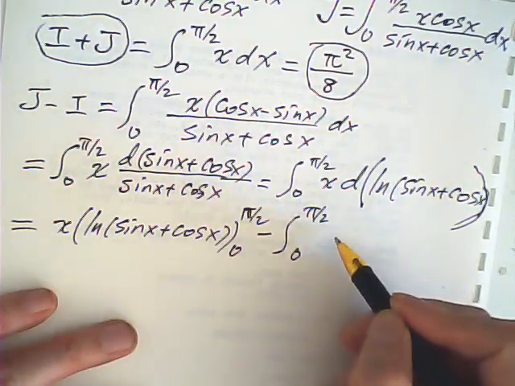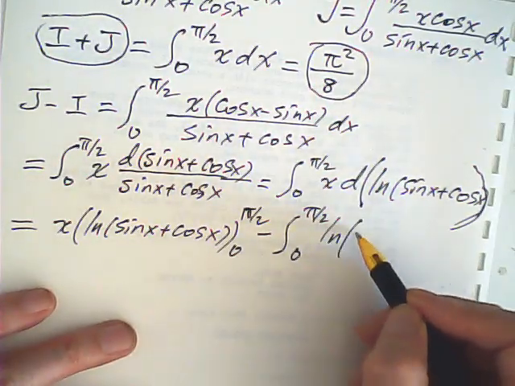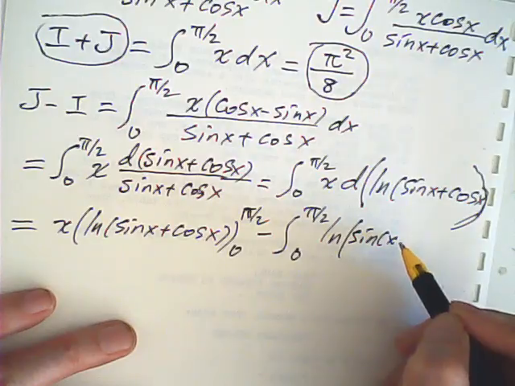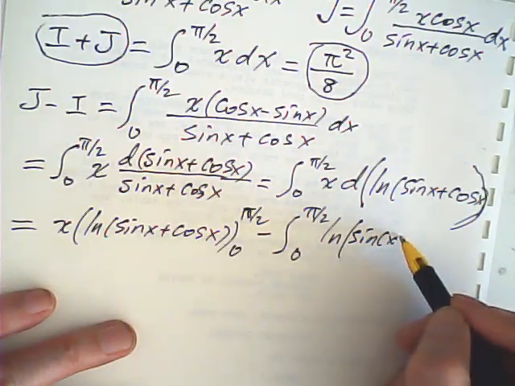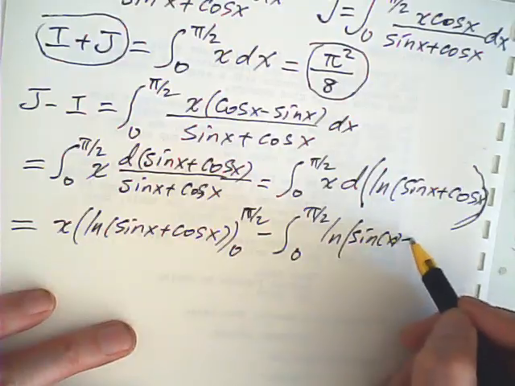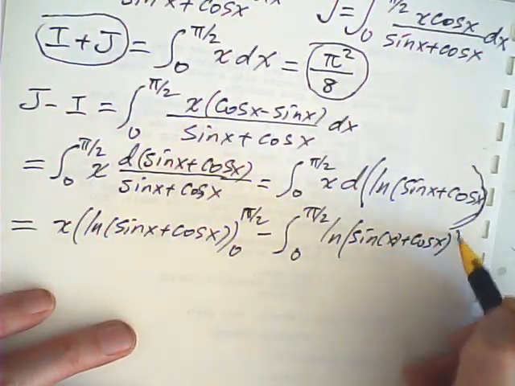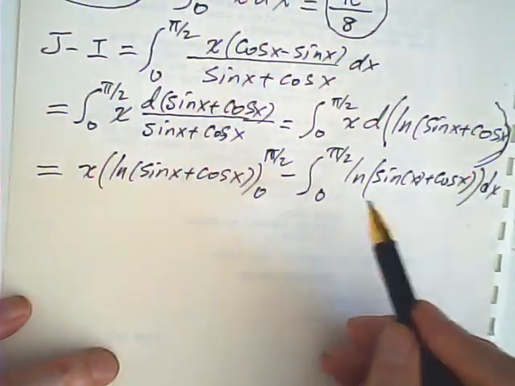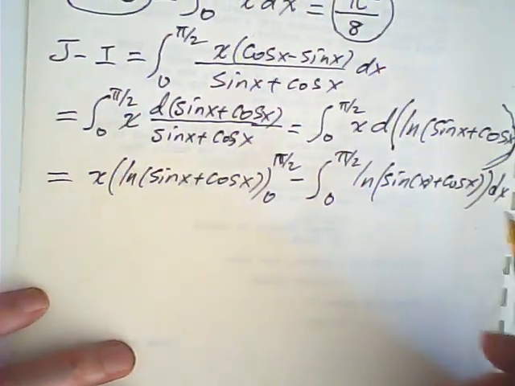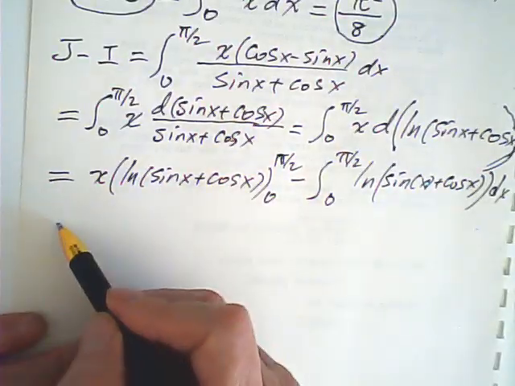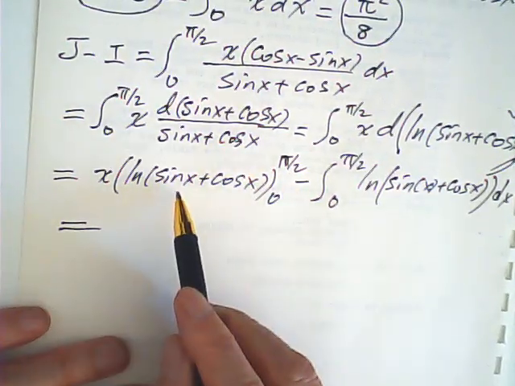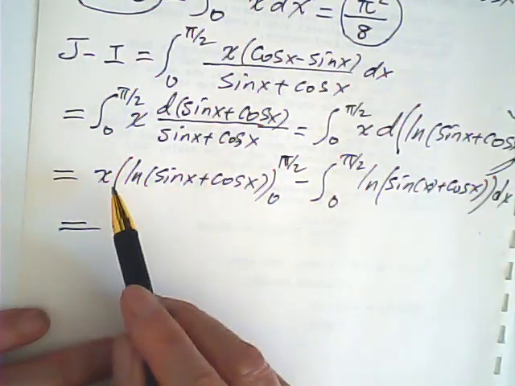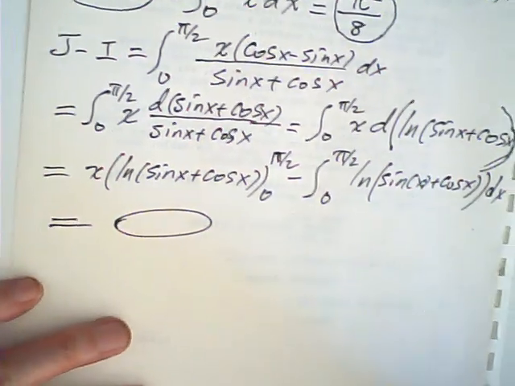So this one is natural log of sine x plus cosine x, right? dx. Excuse me for the little messy writing. This is a 1. This is 0. This is the 0. This is a 1. This is 0. This is 0. So everything's 0.